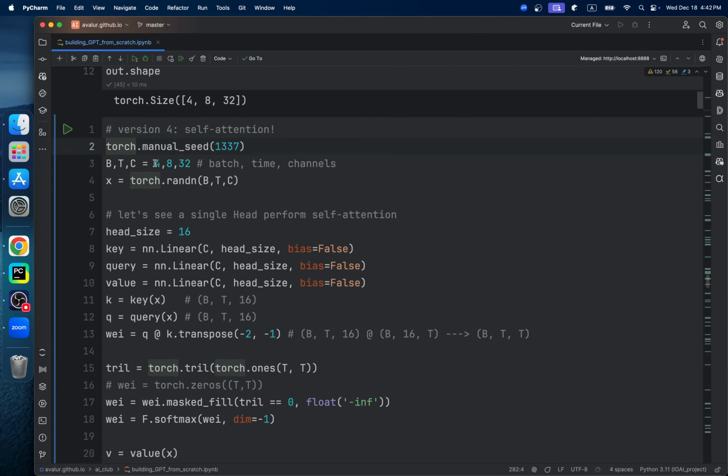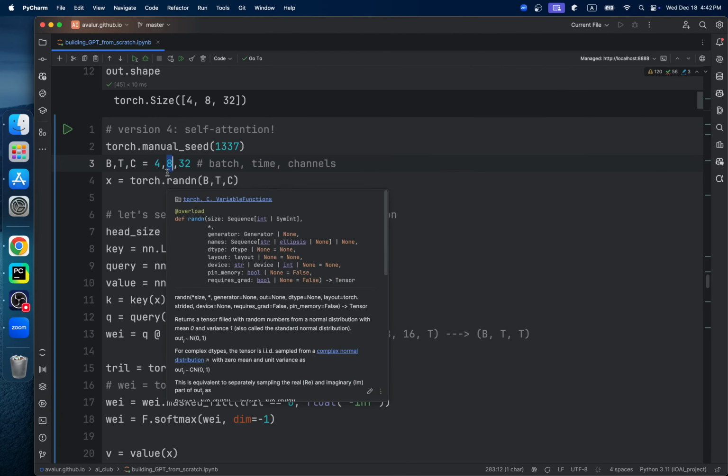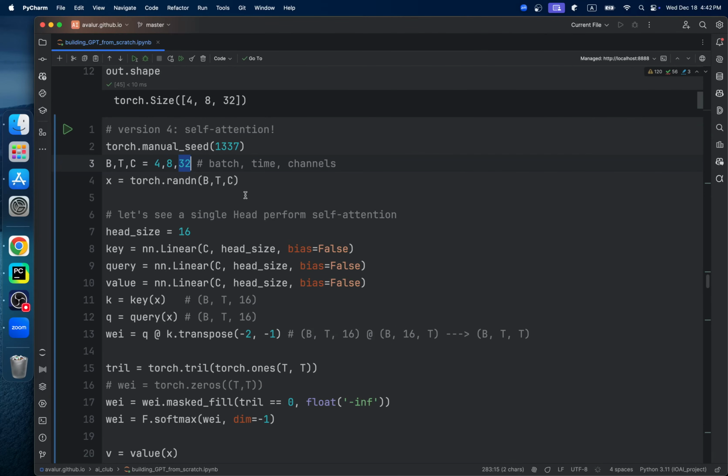Again we have 4 elements in the batch, 8 characters in each element, and here C equals 32. It may be 2 again, it's not very important, but here are the real dimensions. So the length of the embedding for this attention layer will be 32. We can change it to another dimension, but here let's work with 32.